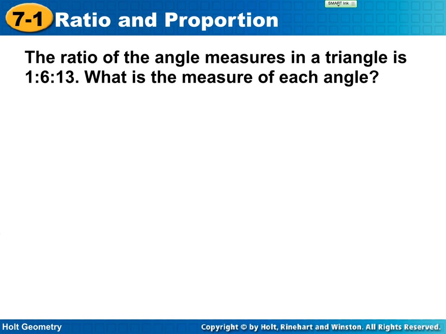Like most of you figured out that you have to set it equal to 180 because we're talking about the degrees in the triangle.